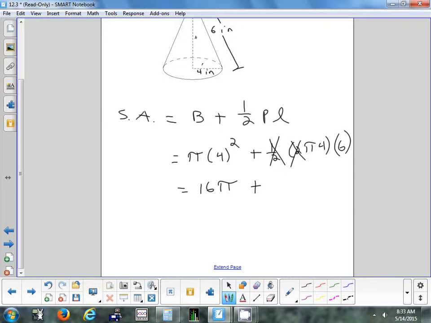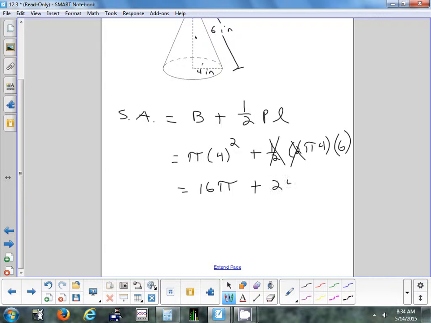Okay, how about the second part? I get 16 pi plus, Sarah? You're multiplying those three things together, but you can do it in any order you want. And you don't need to use 3.14. Just keep it as pi. 24 pi.